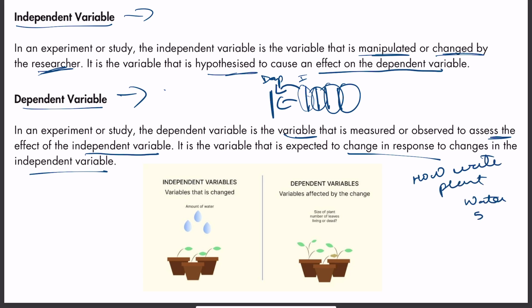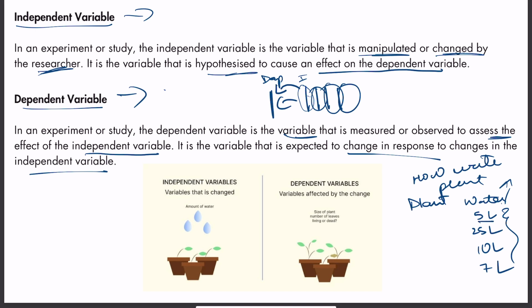So what do you do? You take different water amounts, let's say 5 liters, 25 liters someday, 10 liters, 7 liters, whatever, okay, depending on how you feel. This is definitely taken based on some theory, but right now I'm just taking random figures. And then you see the plant growth, which is your dependent variable.